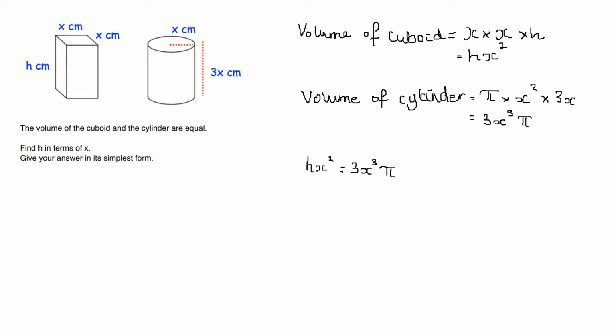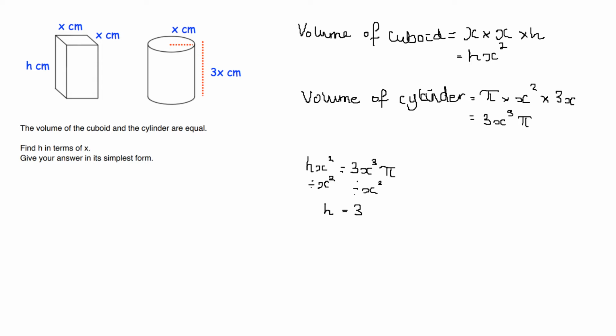Now I want to get h, the height, in terms of x. So I'm going to divide both sides by x squared. And that will give me h is equal to 3x cubed divided by x squared.